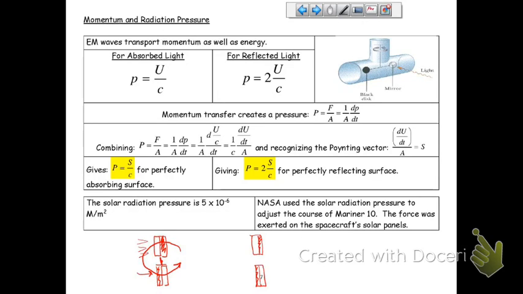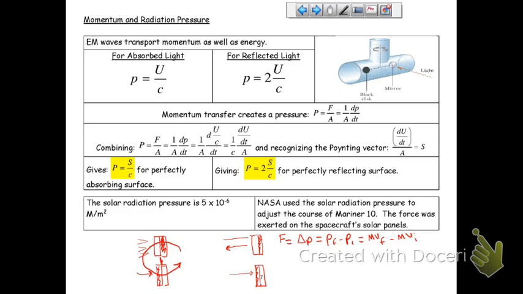What happens here is a photon of light comes in and bounces off. And here a photon of light comes in and is absorbed. And we know that force is equal to change in momentum, which equals P final minus P initial, which equals mv final minus mv initial.